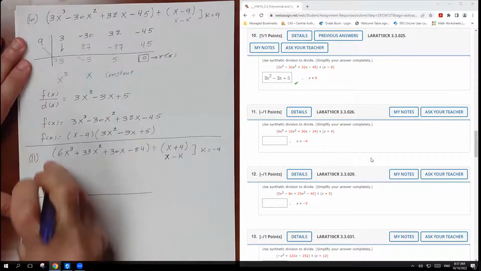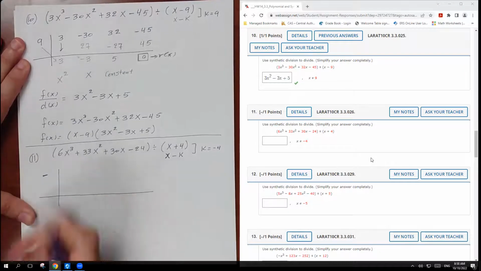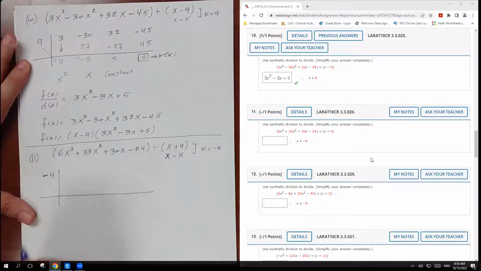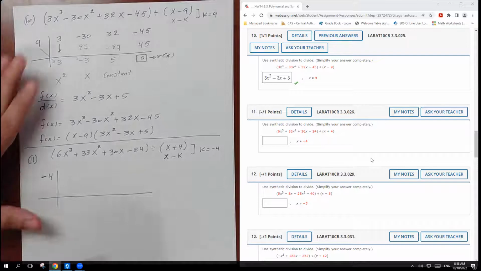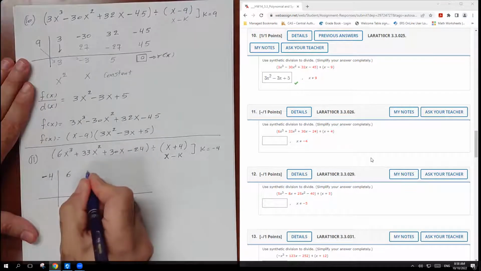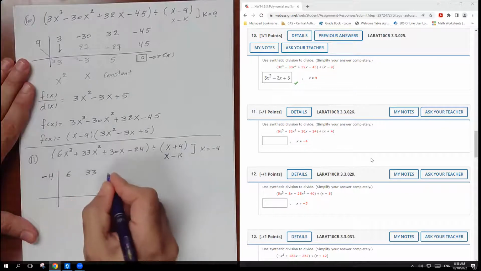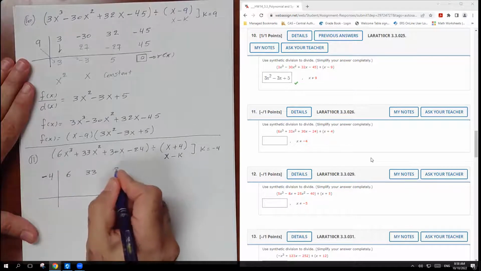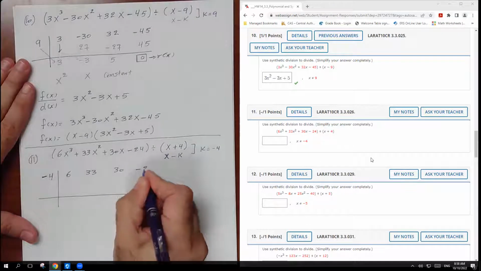This is also really important. If you change the number, everything is going to be wrong. I'm going to write down the coefficients here: 6, 33, and 30, and -24.